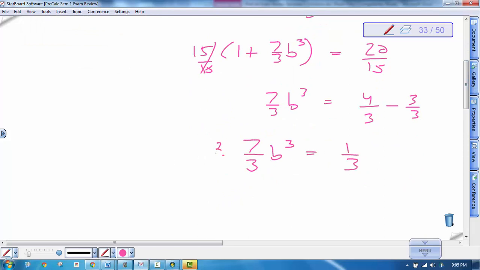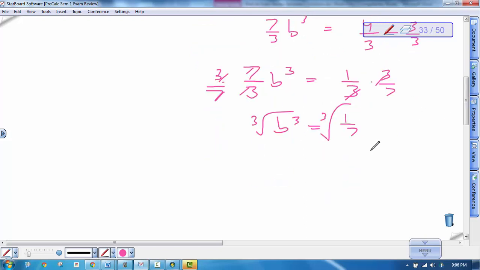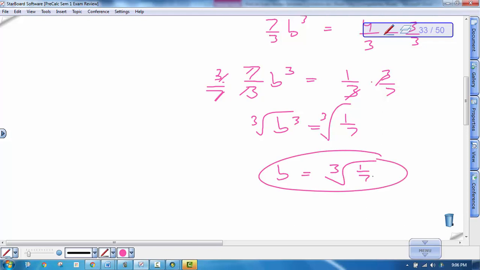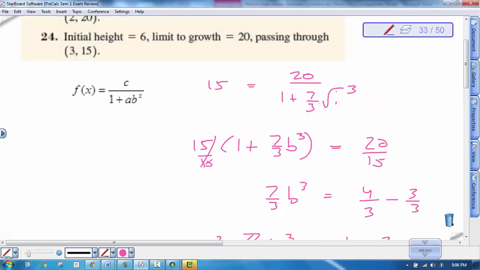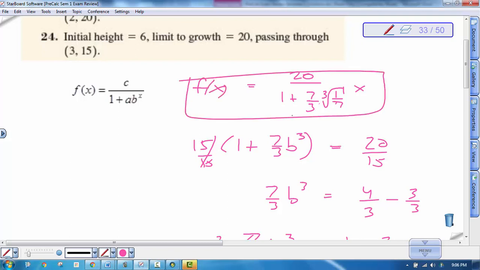Multiply through by 3/7, and you get b cubed equals 1/7. And then cube root both sides, and you get b equals the cube root of 1 over 7 as this value right here. The cube root of 1 over 7 to the x power. So there's my logistic function when I'm done right there.